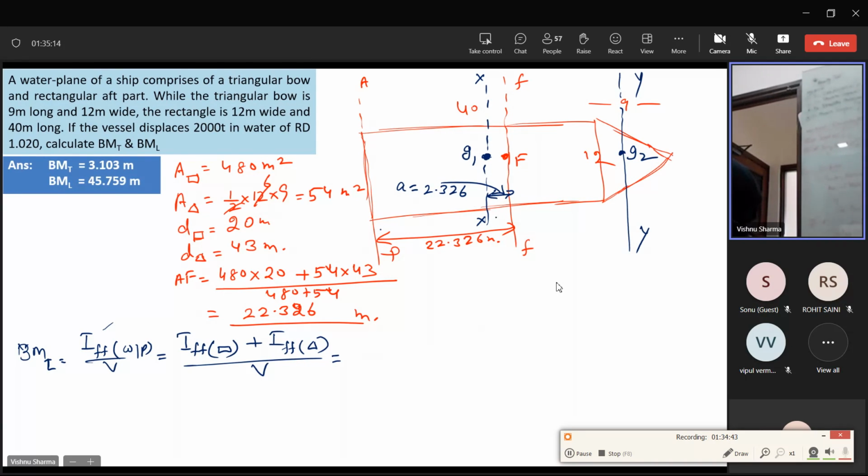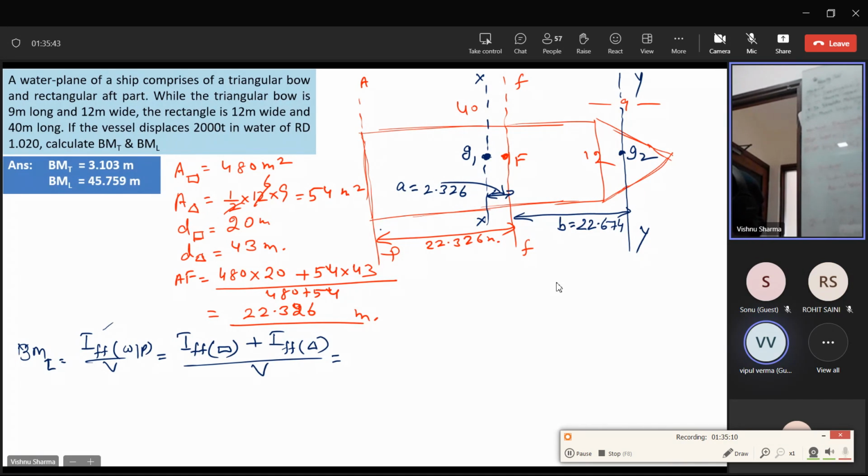And what will be this distance from FF, which is B? This will be equal to 43 minus 22.326.